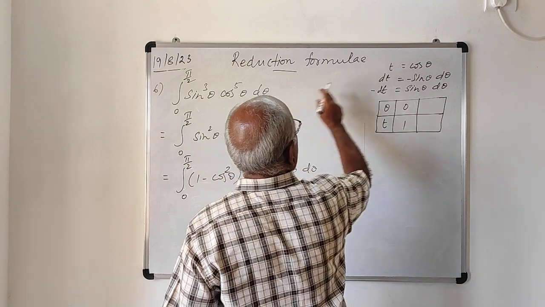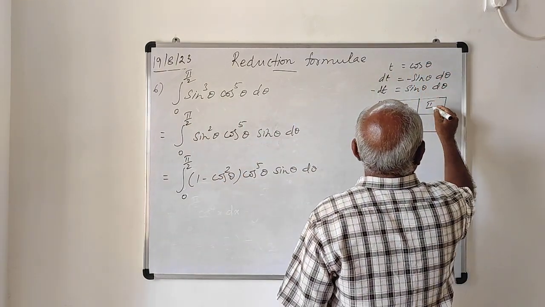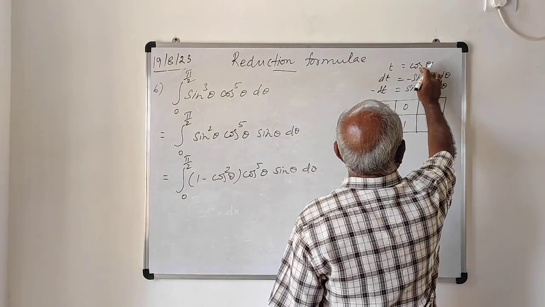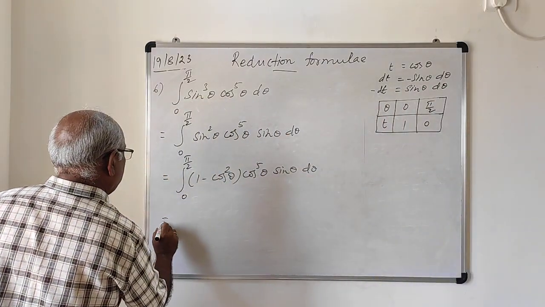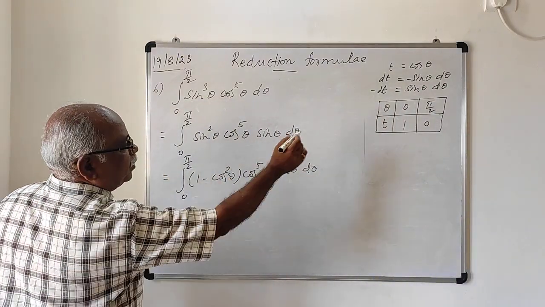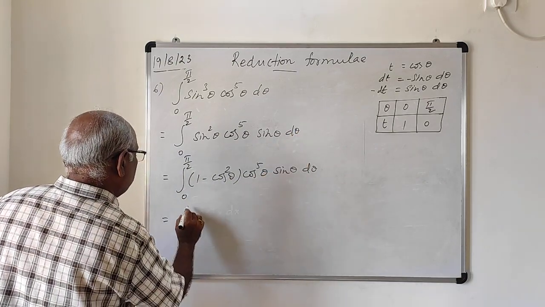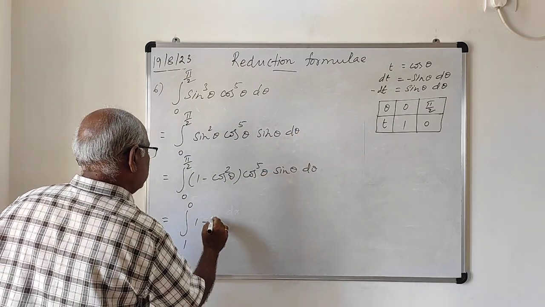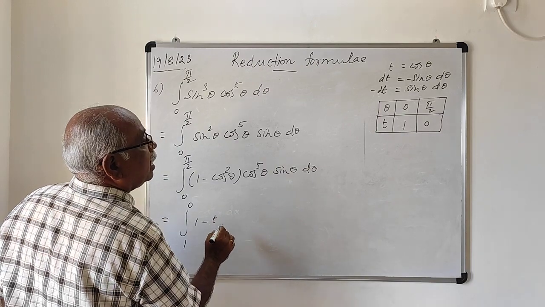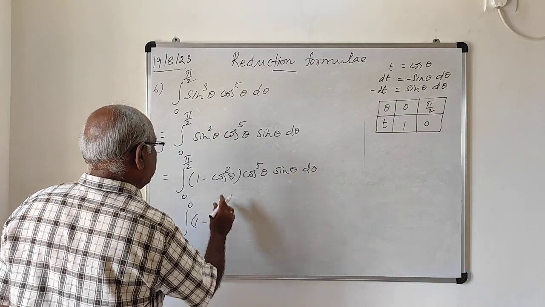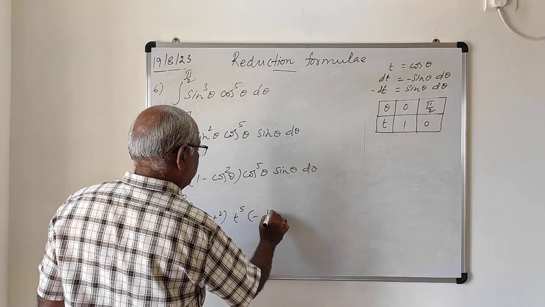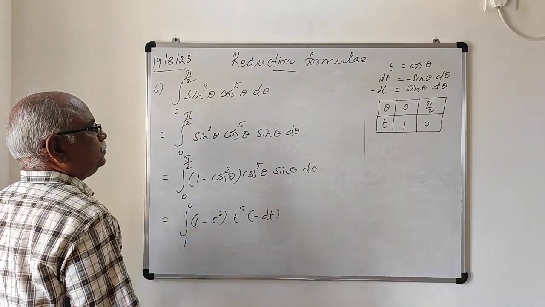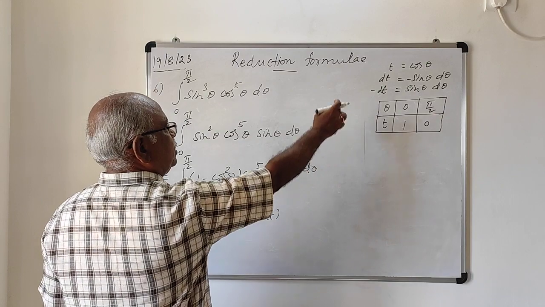If theta equal to pi by 2, t equal to cos pi by 2, which is 0. Therefore, this problem becomes integral 1 to 0 of 1 minus t square into t power 5 into sin theta d theta, which is minus dt.